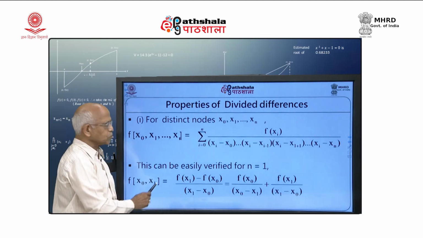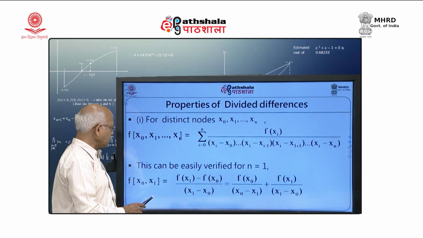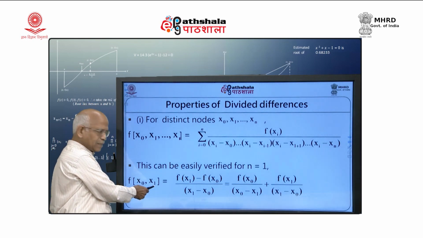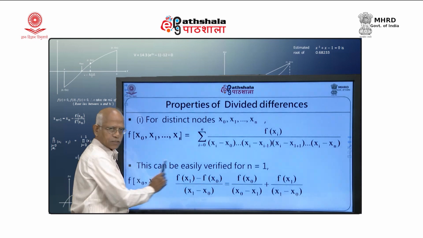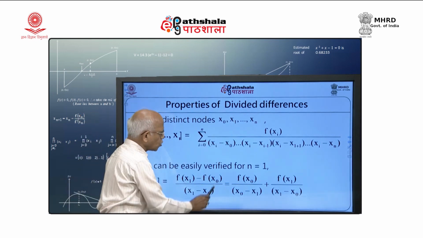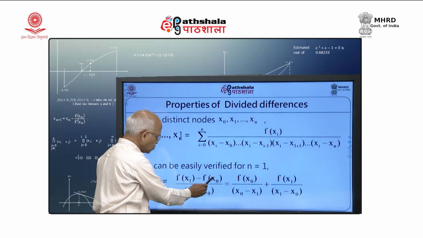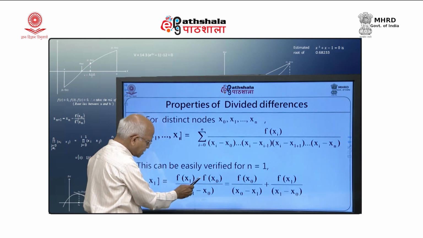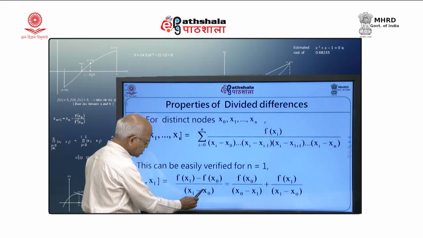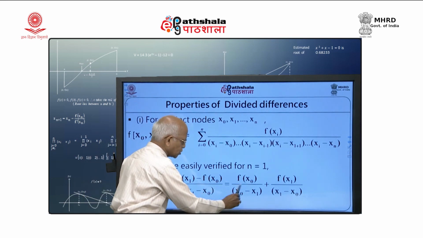For example, suppose I want to do n equal to 1. So, what is my divided difference? f x 0 x 1 is given by f x 1 minus f x 0 upon x 1 minus x 0. If I write it in this form, first I will be writing f x 0, and because this minus sign is there, I am changing the order, so x 0 minus x 1 I am writing.